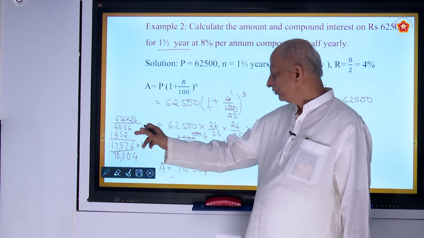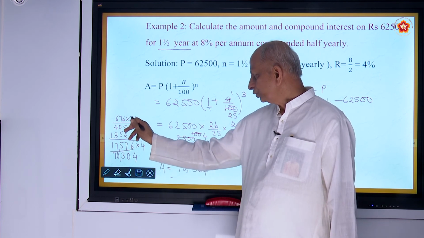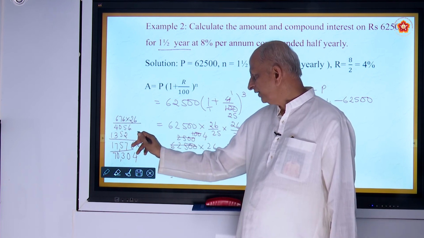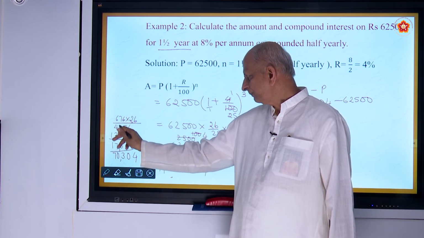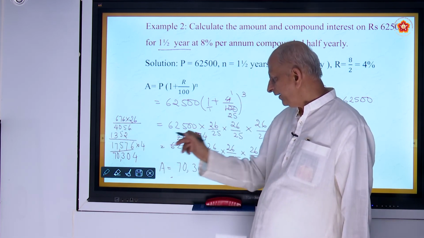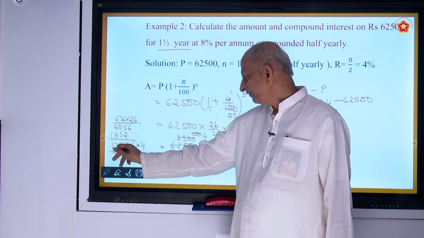Correct? So 4056. Then 2 6s are 12. 2 7s are 14 plus 1, 15. 2 6s are 12 plus 1, 13. So if you add it, 17,576.